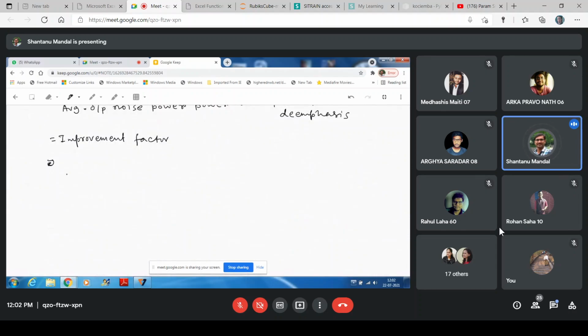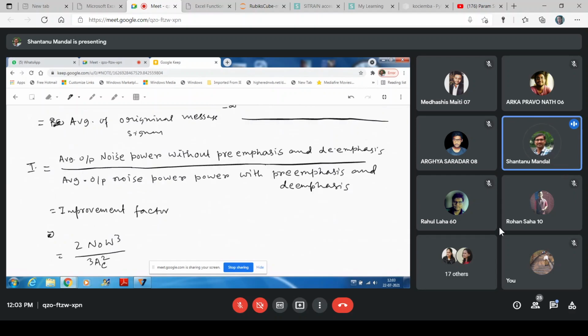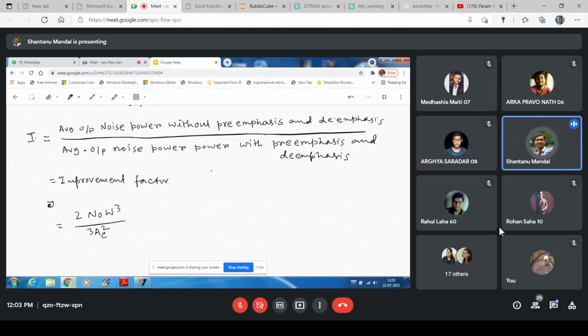That is, this is equal to 2 N0 W cubed by 3 AC square. This is the average noise power without pre-emphasis and de-emphasis.